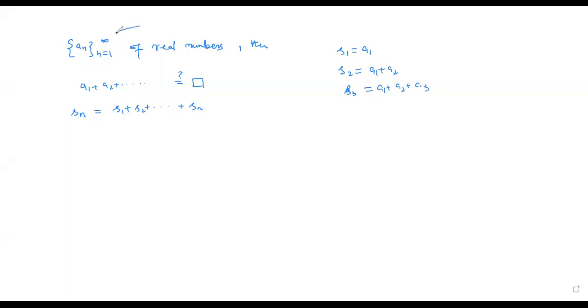Now, given a sequence, I can create this sequence. This is called the sequence of partial sums of a_n.